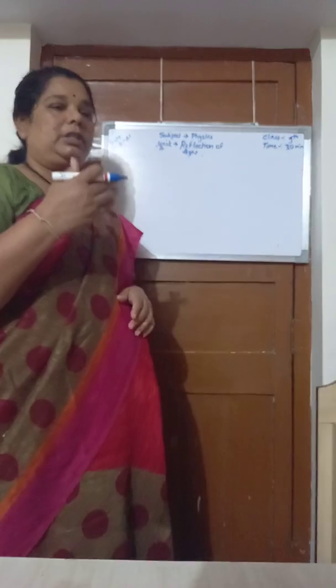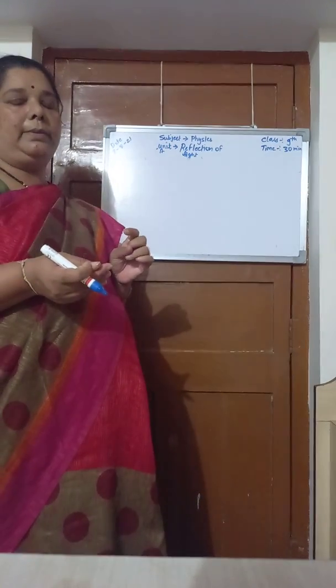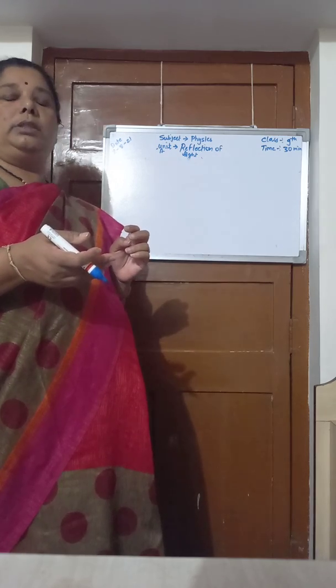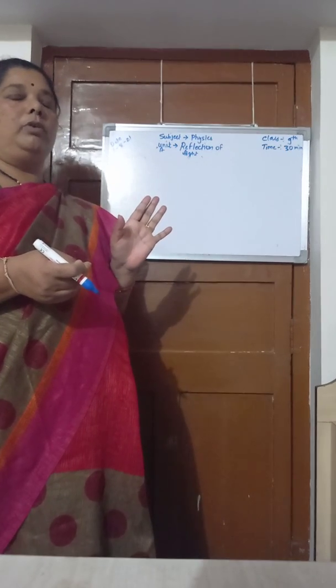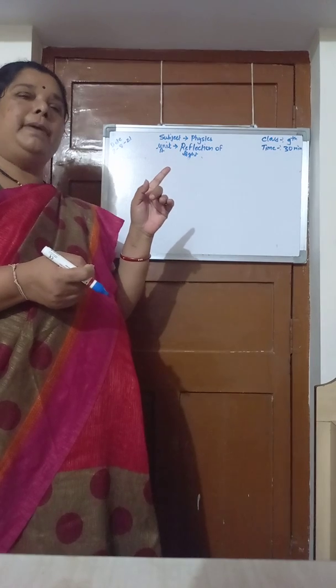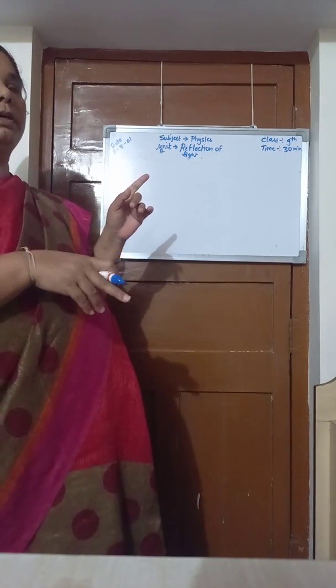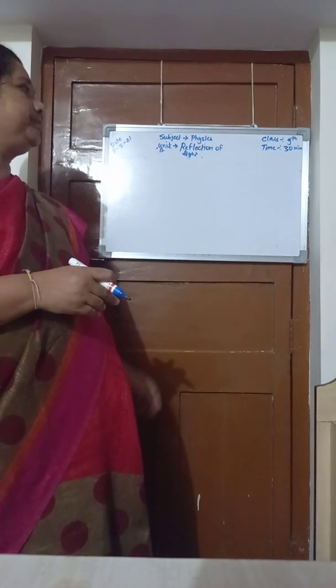And when the outer surface is the reflecting surface, it is called a convex mirror. Got it? Then other terms related to spherical mirrors: first was pole. Pole is the center of the spherical mirror.